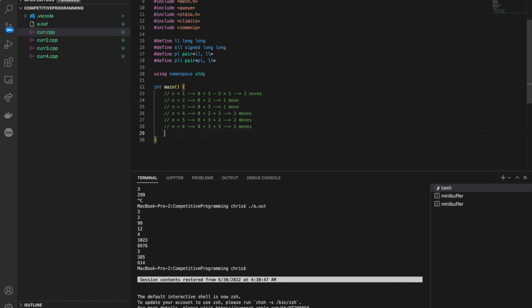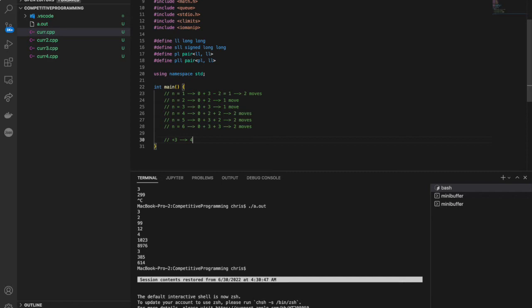I know this is the answer, but how do we prove there's no better way than 2 moves to get to something like n equals 4? The reason I know that's the fewest is because the max distance we can cover in the positive direction is plus 3.